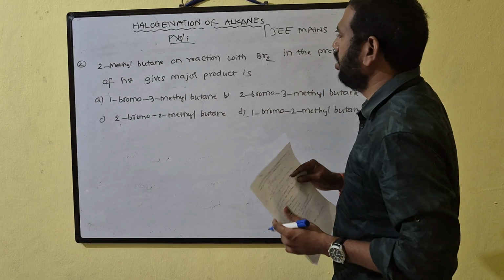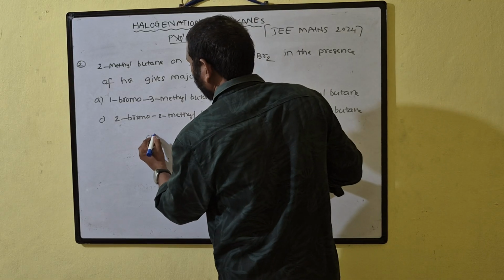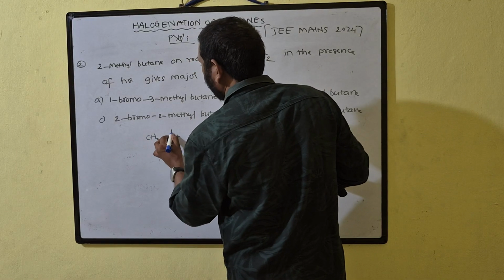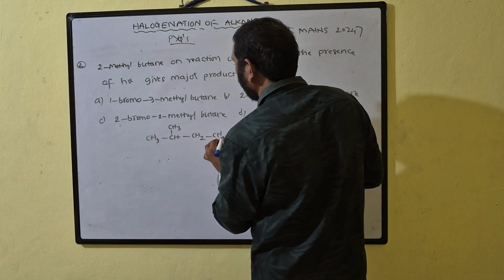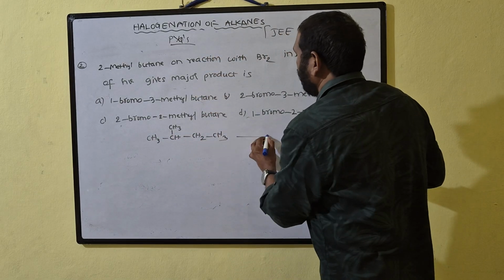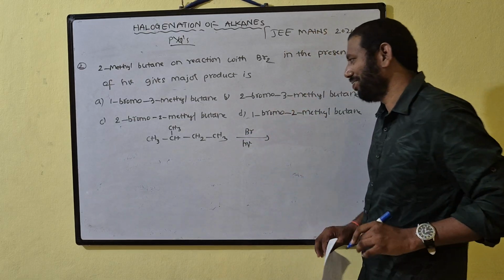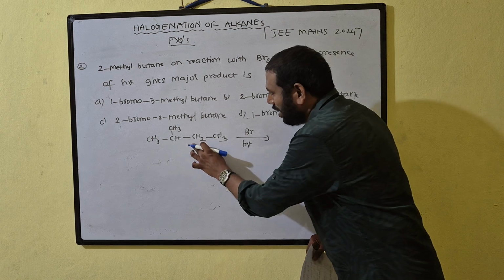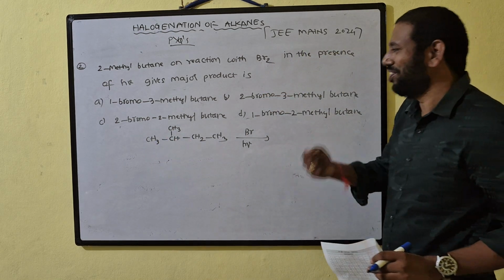So we have to take 2-methylbutane, CH3-CH(CH3)-CH2-CH3, and react with bromine in presence of sunlight. What is the major product? Here 1 degree carbon, 2 degree carbon, 3 degree carbon, 1 degree carbon. Which is the more reactive carbon?